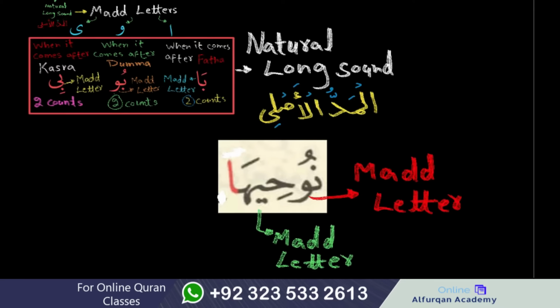It becomes hee. And in the last syllable, you can see letter ha, and it has fatha. And after that we have letter alif. It becomes a mud letter, and we have to make the ha sound for 2 counts because of letter alif. It becomes haa.